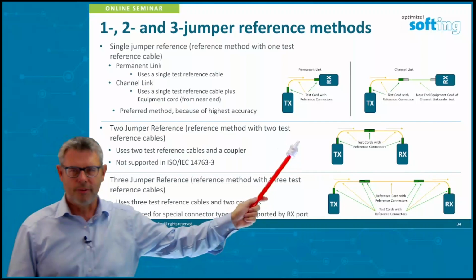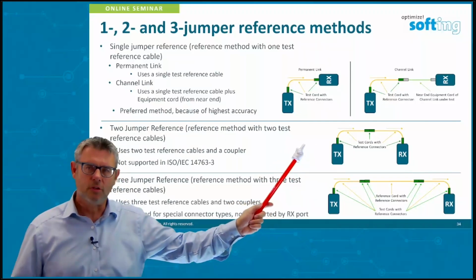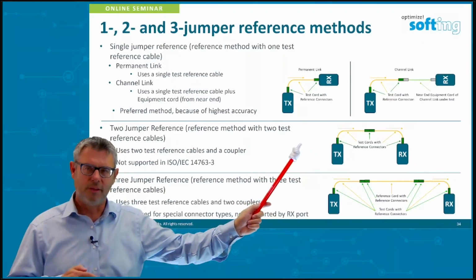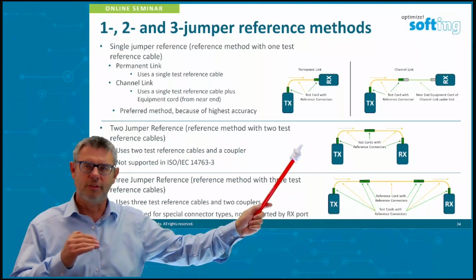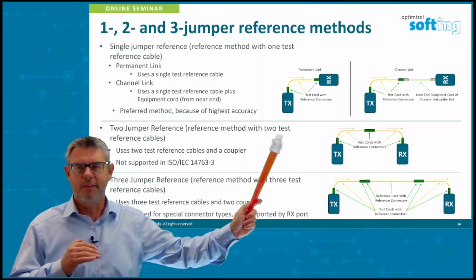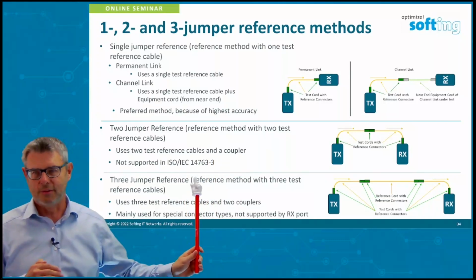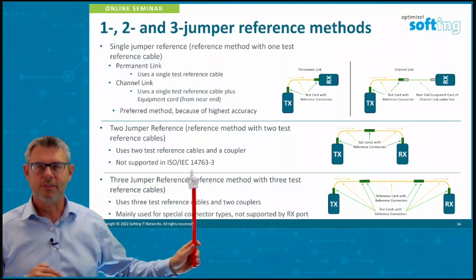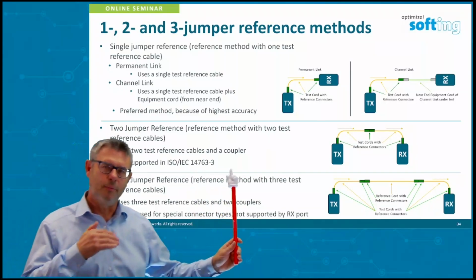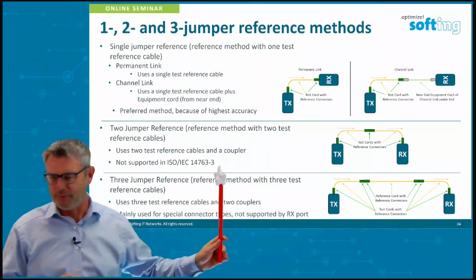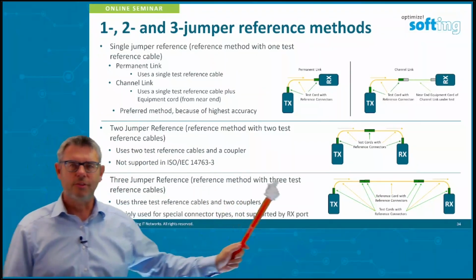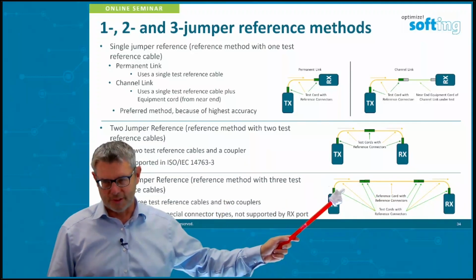Using a 2 jumper reference induces errors into the measurement, increasing the measurement uncertainties. And this method is not even supported by the latest measurement standards anymore, because it's injecting measurement uncertainties. What is allowed is this 3 jumper measurement or referencing here.